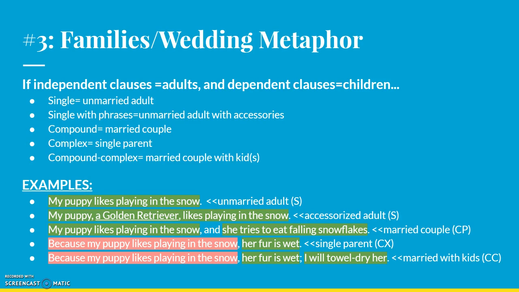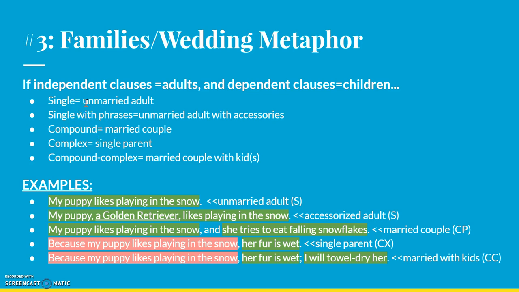Another kind of silly way you could remember sentence types is something that I actually do discuss in the other video, but I'm going to do it here again a little bit more concisely. I have kind of a dumb metaphor with families and weddings that helps me personally to remember run-ons and certain sentence types.